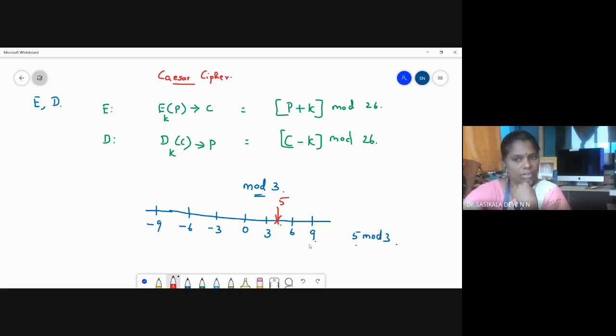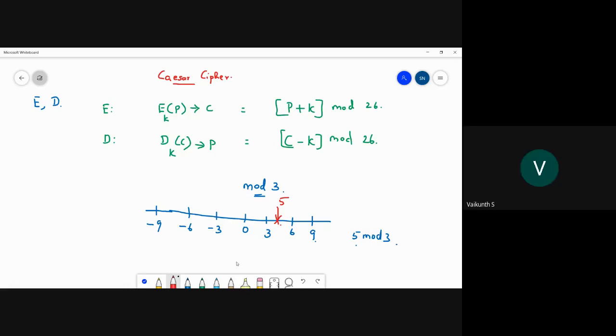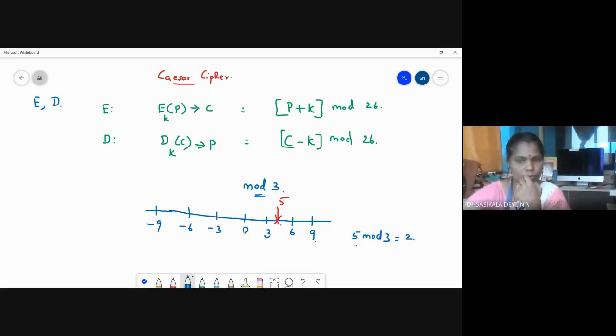Now what is the remainder? 5 mod 3 is 2. It is nothing but this part: 5 minus 3, which is 2.